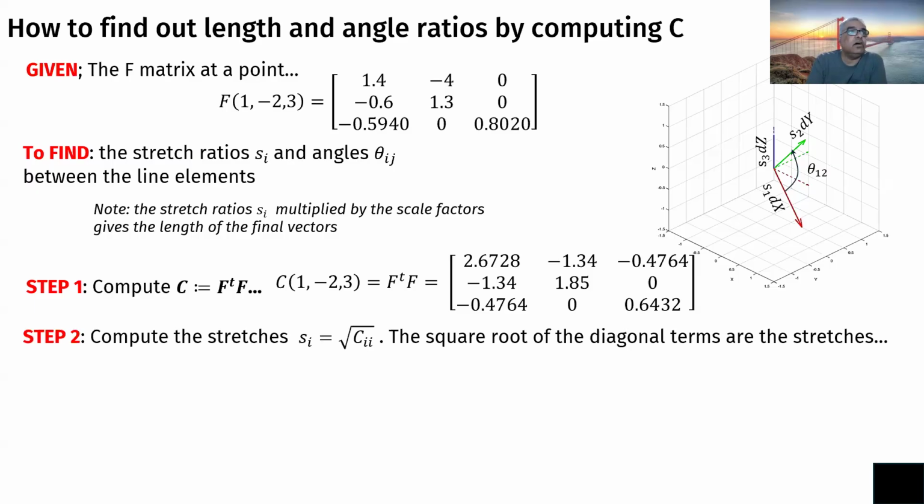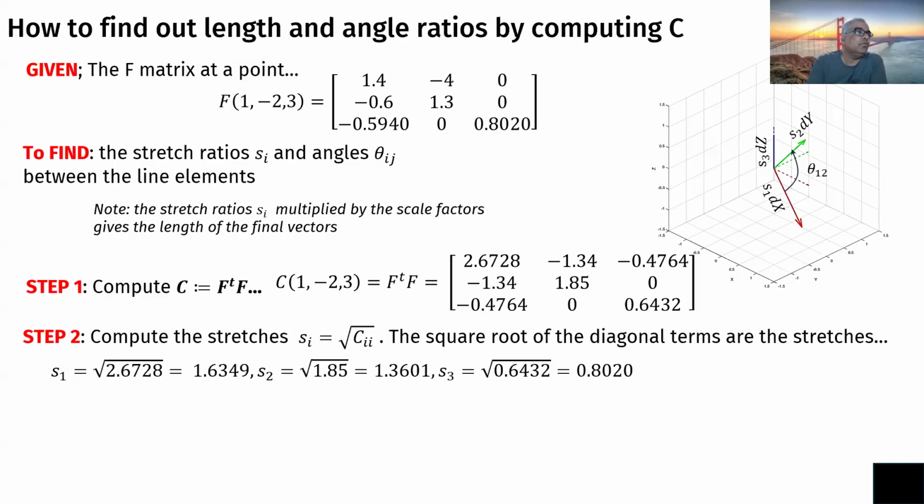So the stretches are the square roots of the diagonal. That's easy. S1 is the square root of 2.6728, which is 1.6349. So roughly speaking, the x-axis got stretched by about 60%. S2 is the square root of 1.85, and that is 1.3601.